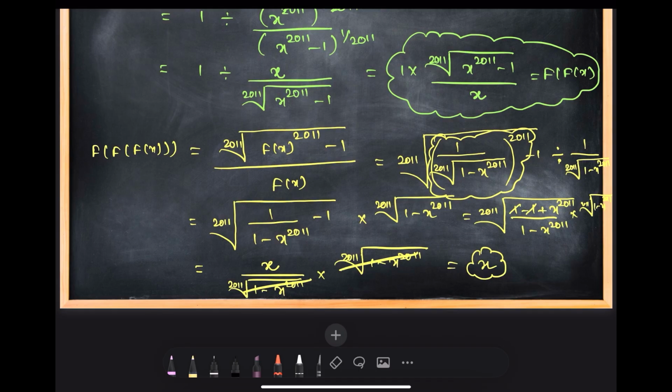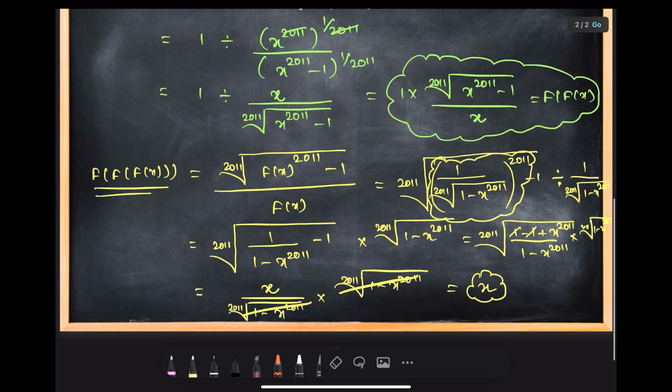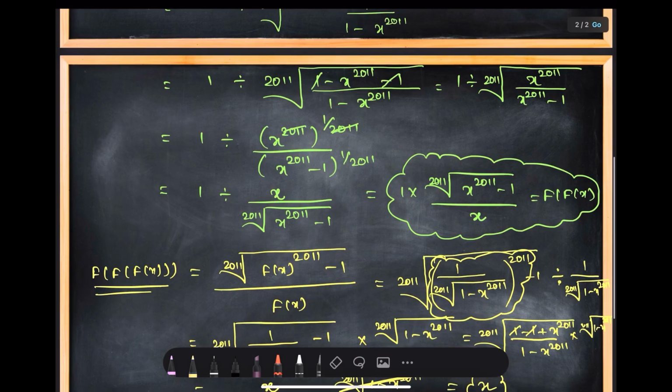And if you get 4 times, you will be replacing this x with f of x. And don't you think that this f, f, and f will behave as f of x? Right? So 4 times f of x will behave as f of x. 5 times it will behave as f of x. 6 times it will behave as f of x. 7 times again, 8 times this, 9 times this, and keep on changing.